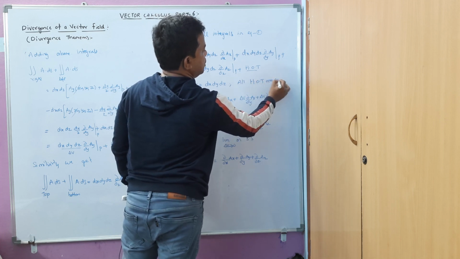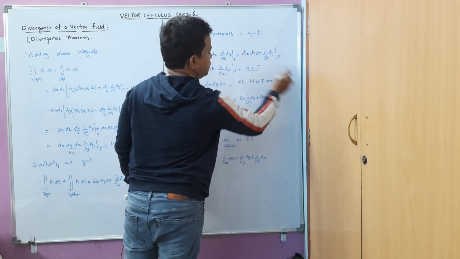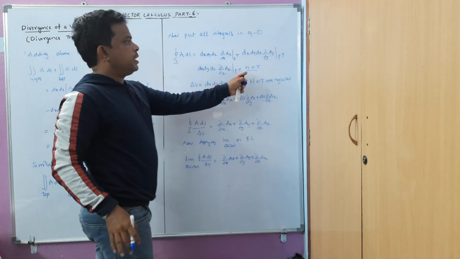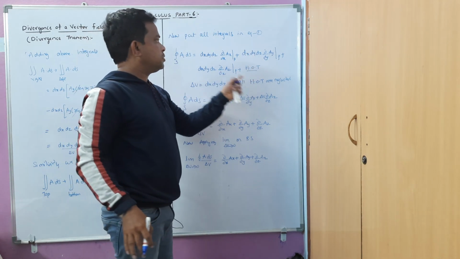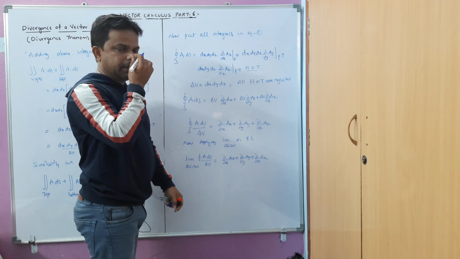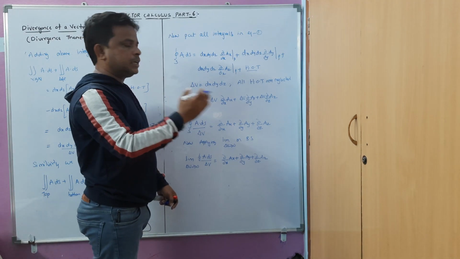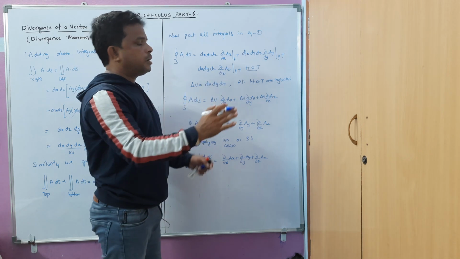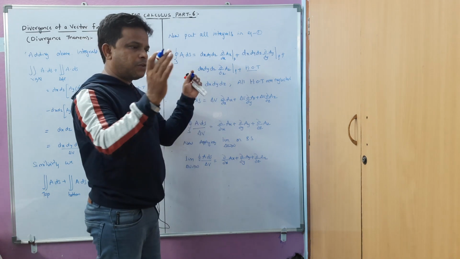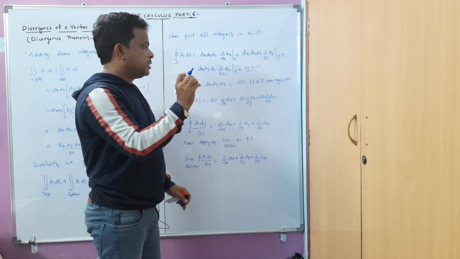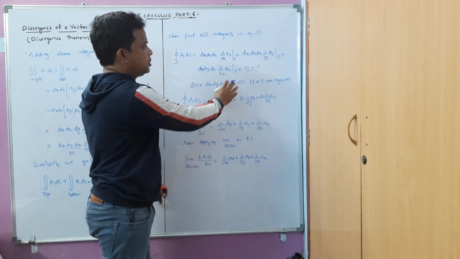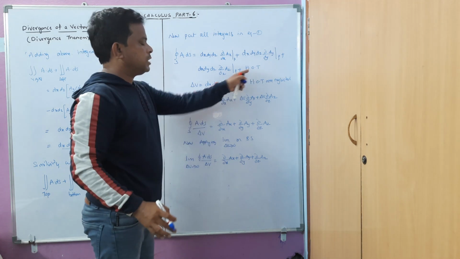All of you note that. We neglect the higher order terms in all the integrals, that is front to back, top and bottom, right side and left side. Because as the volume is shrinking to the point P, delta v approaches 0 and all the higher order terms are 0.